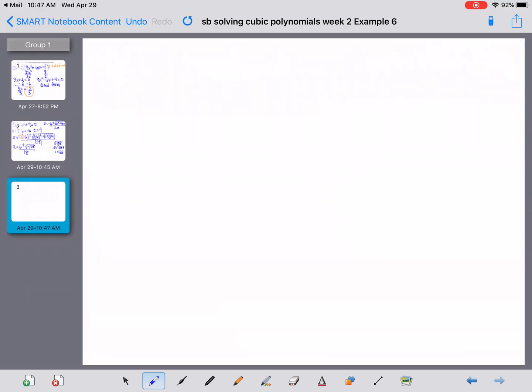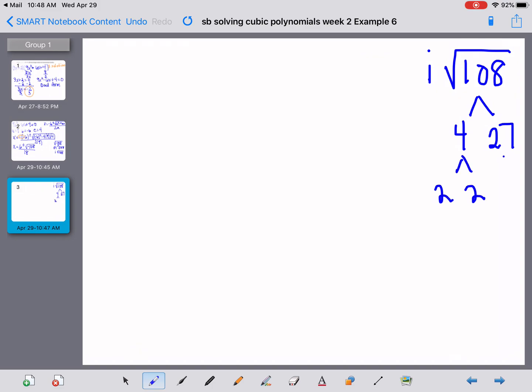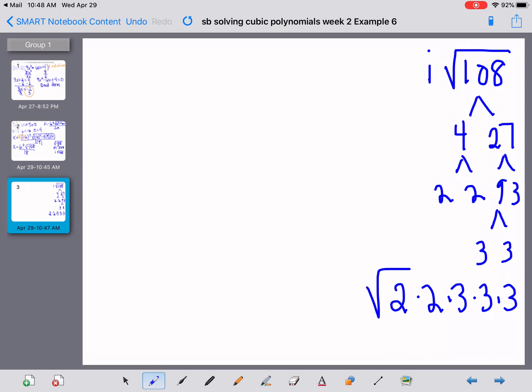So we've got i times the square root of 108, and then we're going to break that down. We could do something like 4 times 27. And 4 is 2 times 2, and 27 is 9 times 3, and 9 is 3 times 3. So we have 2 times 2 times 3 times 3 times 3.